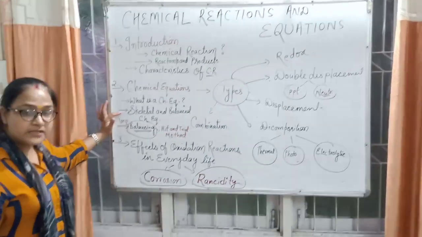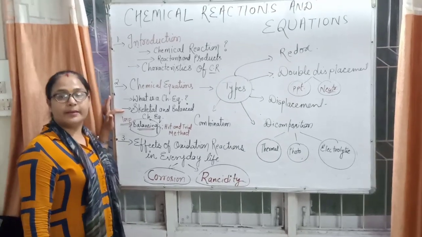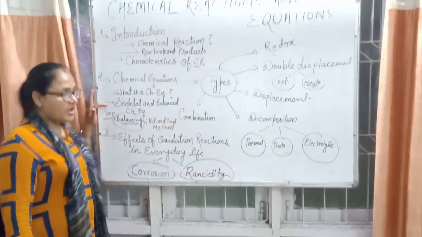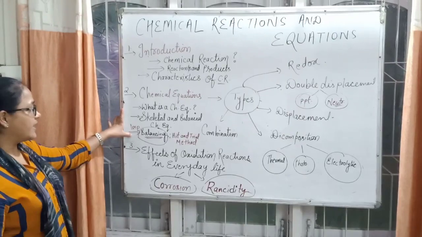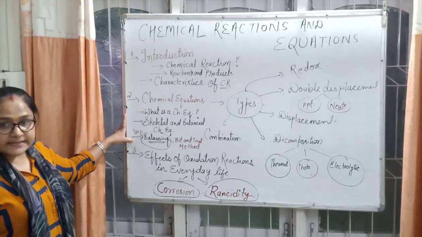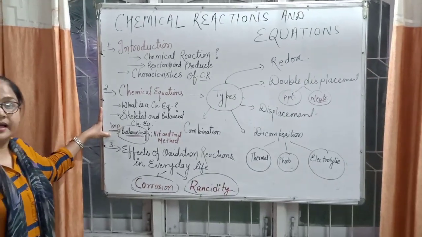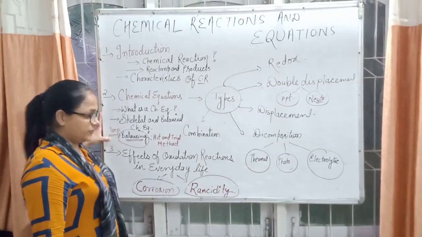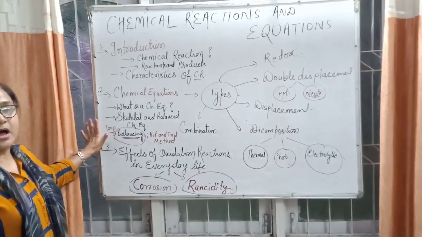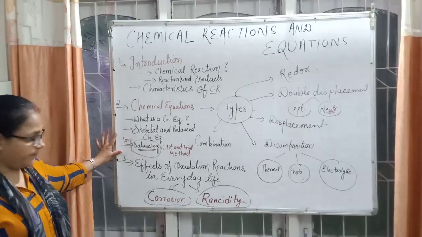In the second part, we will talk about skeletal and balanced chemical equations. And the third part, which is the most important part, is balancing, and specifically we will learn balancing by the hit and trial method. This part is no doubt the backbone of our chemistry.